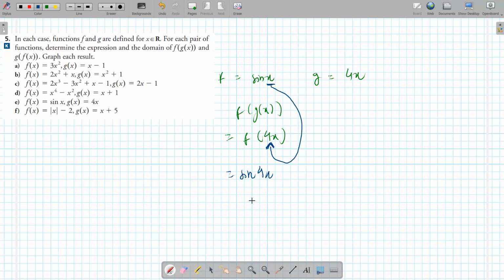What about the other way around? g of f of x. We know f of x is sine x. If g is 4x, what's g of sine x?